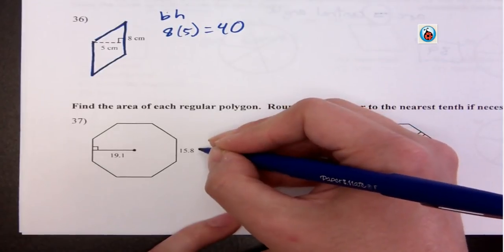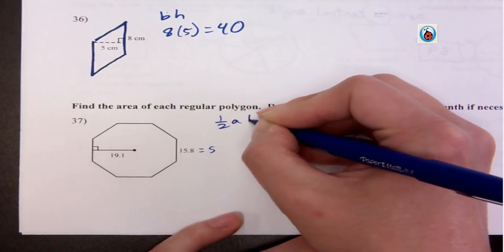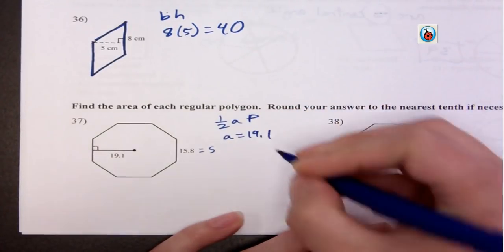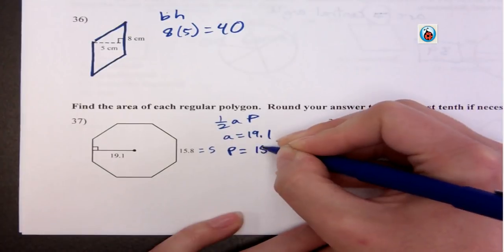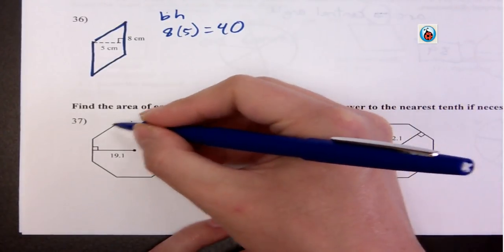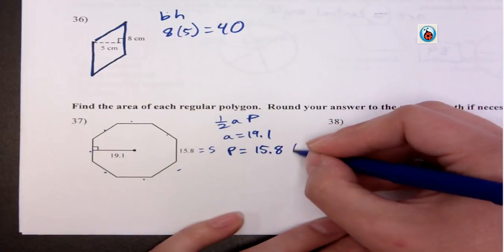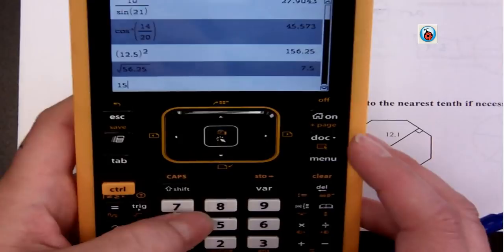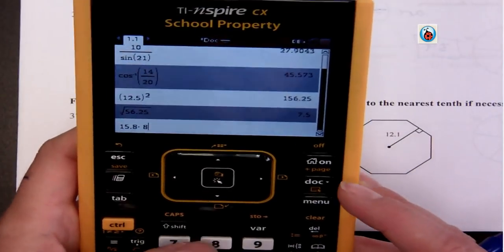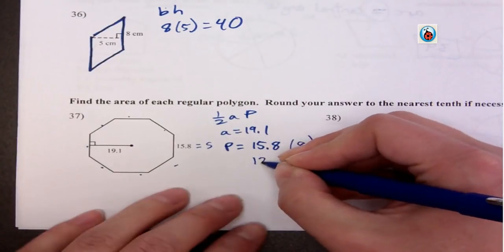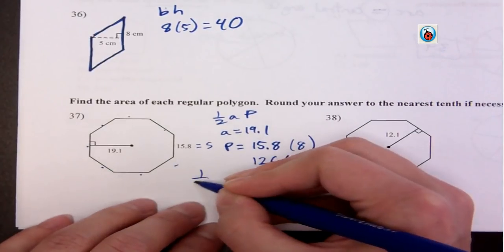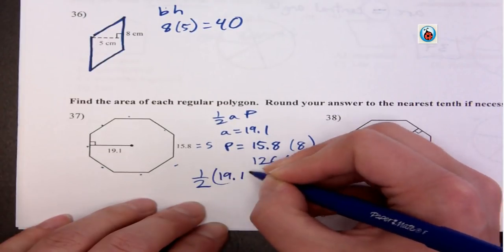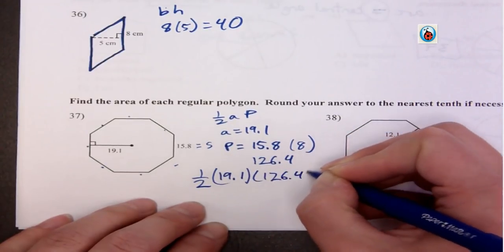Okay. Regular polygon, so this is my side. I need 1/2 apothem times perimeter. My apothem equals 19.1. My perimeter equals 15.8 times 1, 2, 3, 4, 5, 6, 7, 8 sides. And so that equals 126.4. So 1/2 of 19.1 times 126.4.